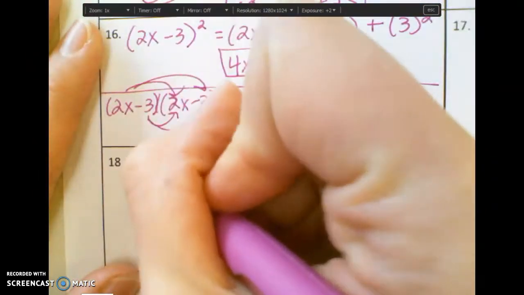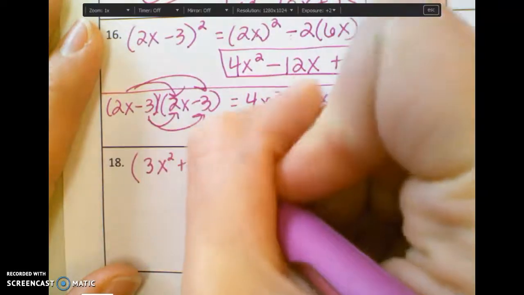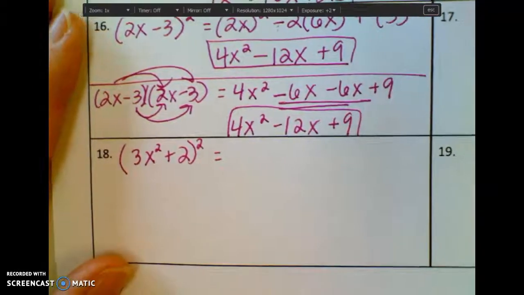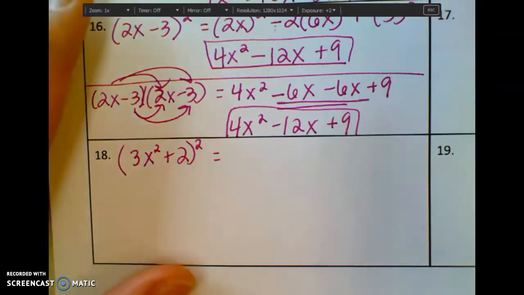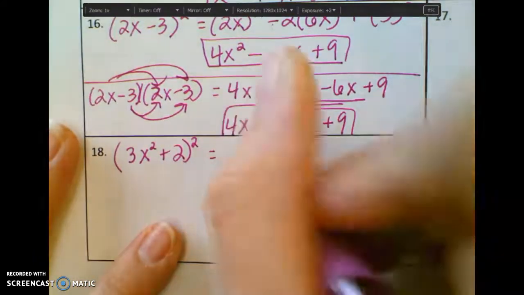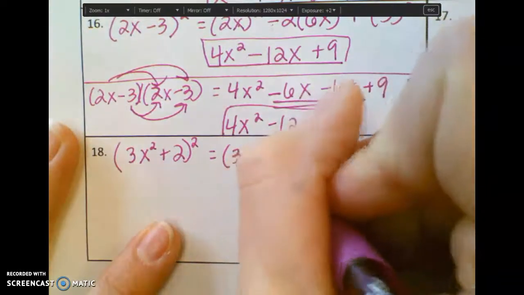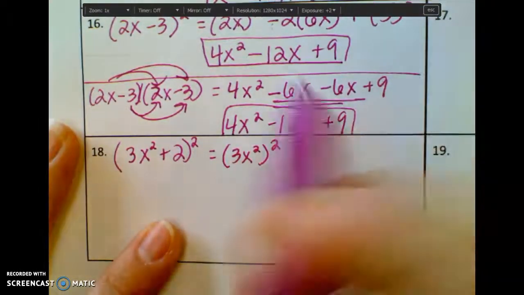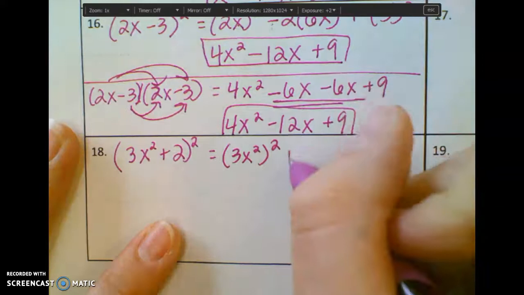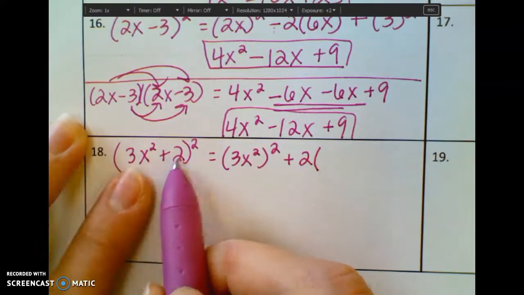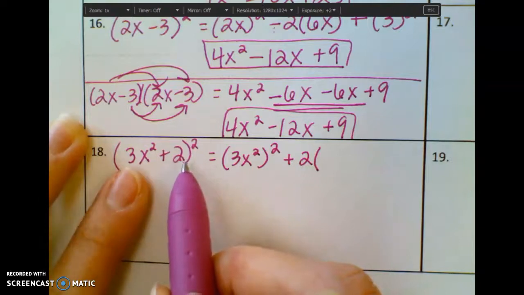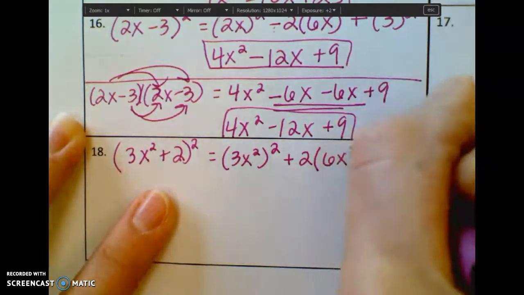We have 3x squared plus 2 squared. Again, I want you to pause it, try it, and then check your answer. All right, if we use our rule, then we're going to take the first term squared. This time, because it's a positive on the inside, we're going to take a positive 2 and multiply it by 3x squared times 2. Well, 3x squared times 2 gives me 6x squared.